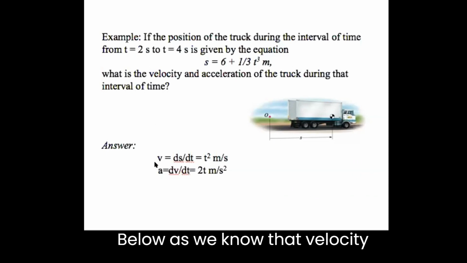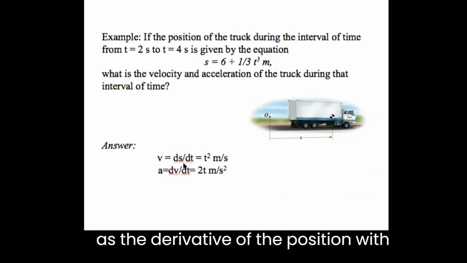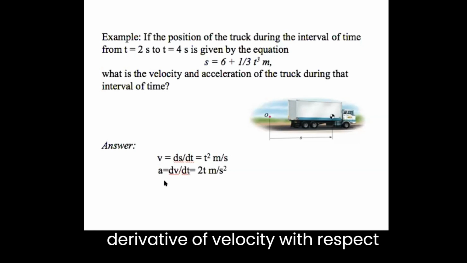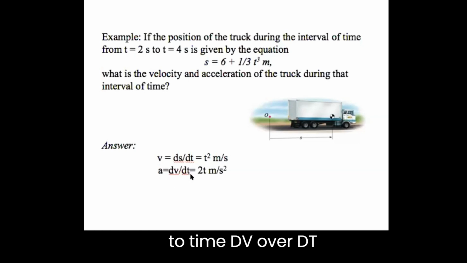As we know, velocity is the derivative of the position with respect to time, so t to the power 2 is the velocity, and acceleration is the derivative of velocity with respect to time, dv over dt equals t meters per second squared.